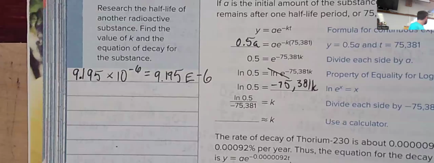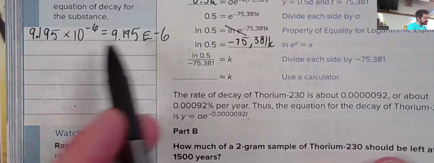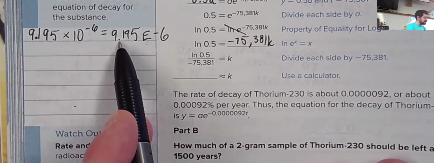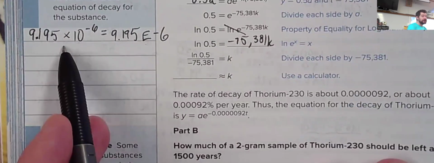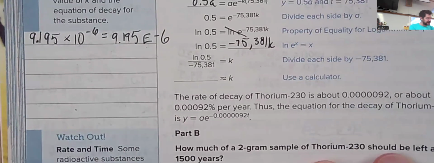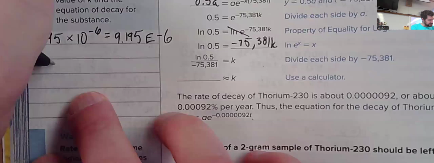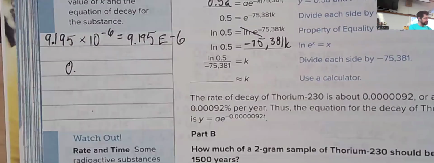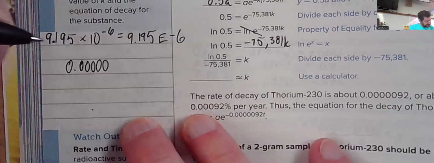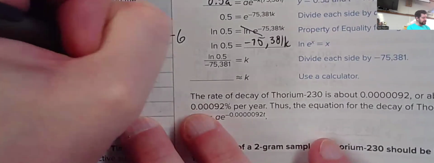So really all we need to do, because it says negative 6 for the exponent, is move our decimal 6 spaces to the left because it needs to get smaller. And then we fill in the gaps with zeros. So there are going to be 5 zeros: 1, 2, 3, 4, 5, and then 9195.